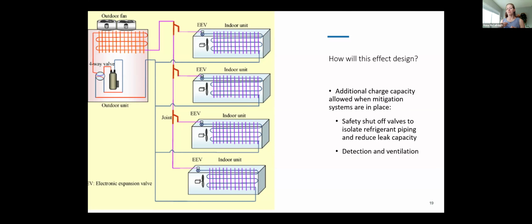So the industry will now be providing these shut-off safety valves. Essentially, if there is a refrigerant leak within the system, the valves will close and it will minimize the amount of refrigerant that can leak out of the spot where the leak is located.